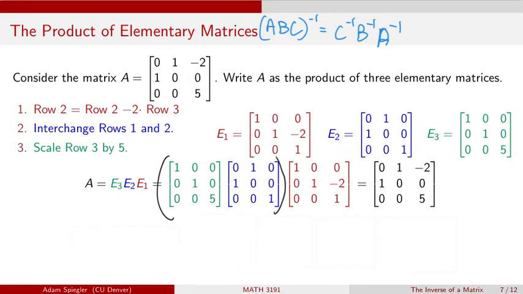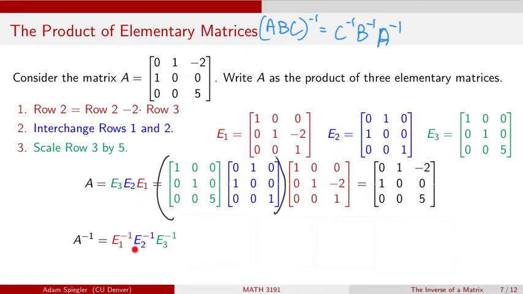So if I want to find the inverse of matrix A, let's use this idea over here. Namely, I'm going to take the inverse of each of these matrices and then reverse the order that we take their product. In other words, by the previous properties that we've proven, A inverse is going to equal the product that I would get if I first do the inverse of E3, which is furthest on the right, then I multiply on the left by the inverse of E2, and then lastly I multiply on the left by the inverse of E1.